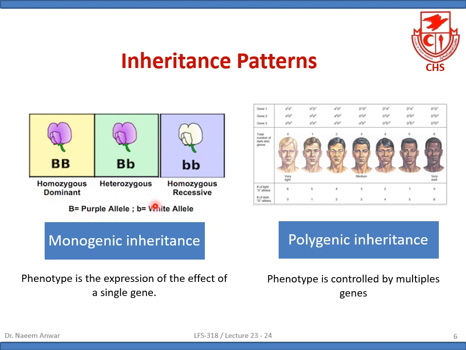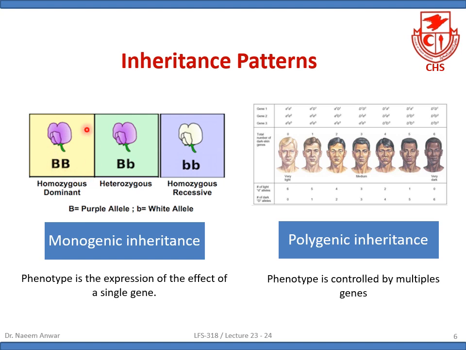So let's see here, we have the gene B. If it's a capital letter, or dominant, let's say, then it will have a purple allele. While if it's recessive, abbreviated here in a small letter, it will be a white allele. So for monogenic inheritance, we are talking about, as we said, one single gene.